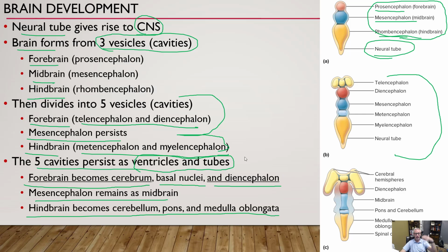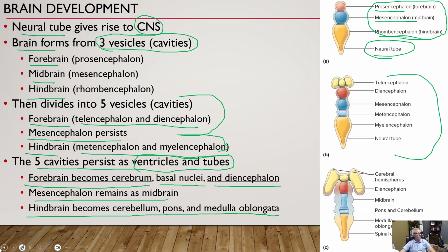So the forebrain becomes the cerebrum. That is your frontal lobe, parietal lobe, occipital lobe, temporal lobe. Your basal nuclei and the diencephalon are your deep brain structures located in the cerebrum. So your forebrain becomes that big part of your brain.